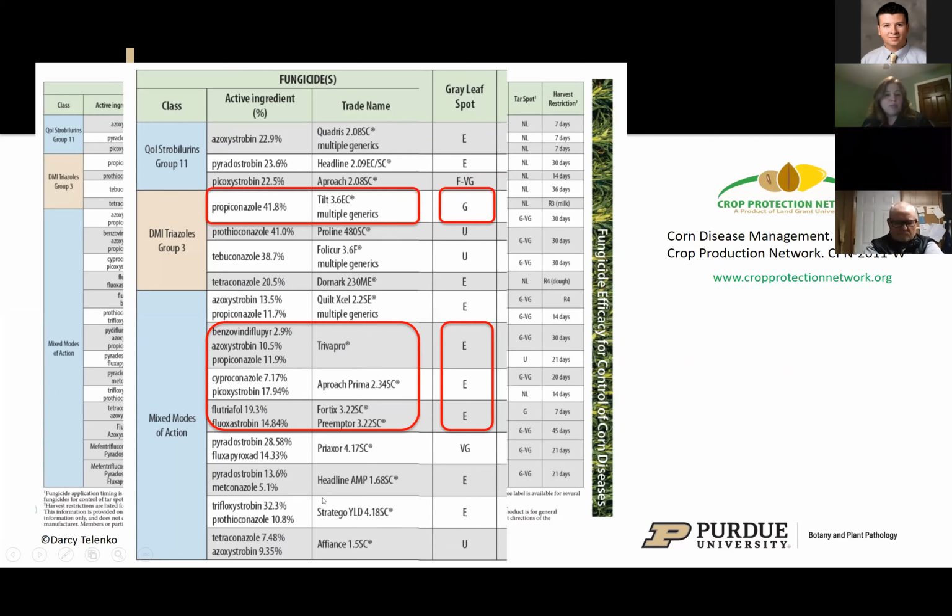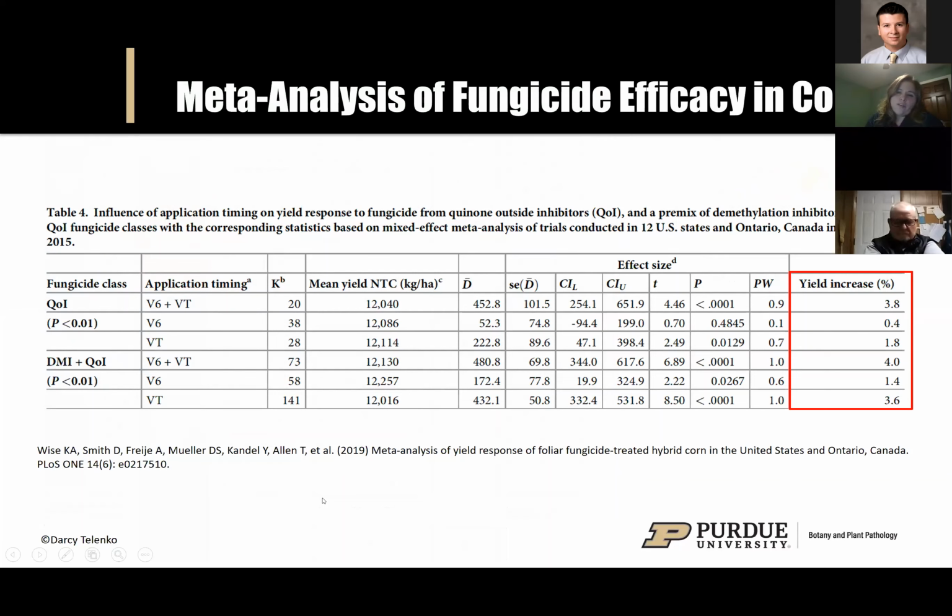And so then the next question is, how often do we get a yield benefit from putting a fungicide out in corn and in soybeans? Recently, they did a meta-analysis of a number of trials conducted in 12 states and Ontario from 2014 to 2015, looking at putting out a fungicide no matter what the disease pressure was and what the resulting yield increase was.